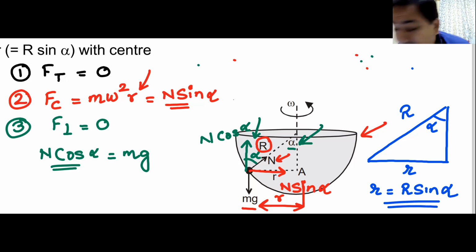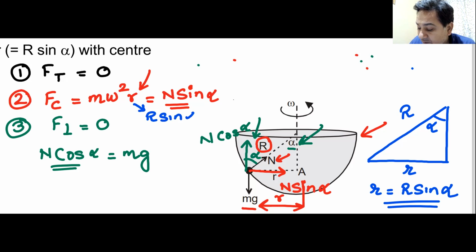It is not cos alpha. It is sine alpha. I leave it to you to figure it out. This is simple, plain trigonometry of 9th standard. So small r will be capital R sine alpha. I will put this value of small r here.